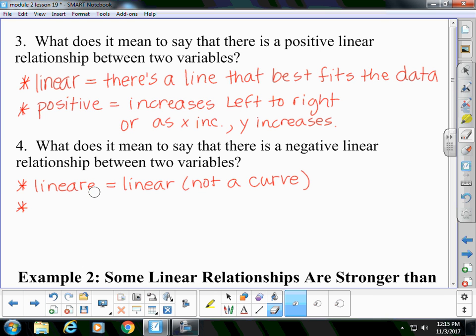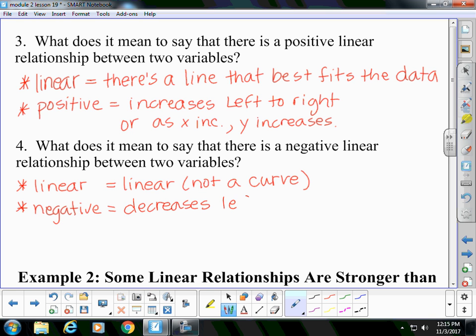And then negative means that it decreases left to right. Or we could also say that as x increases, y decreases.